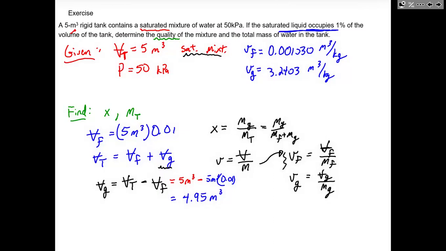And now I can use my two formulas over here to find mass. So the mass of that fluid is going to be our volume over specific volume, so what we have up top there, and the mass of the gas slash vapor is the volume of that vapor over specific volume.